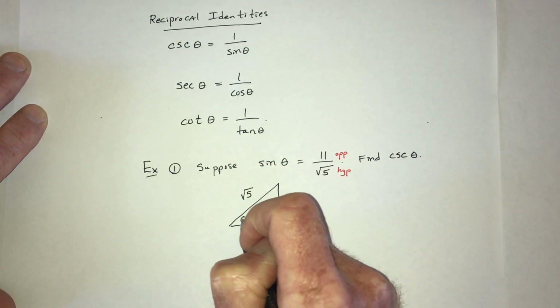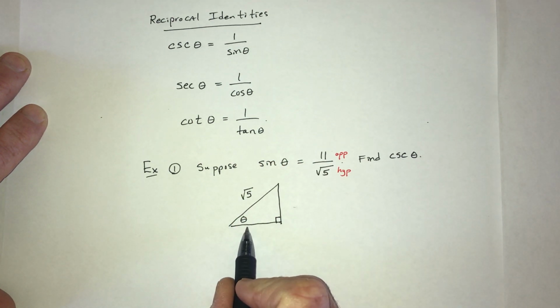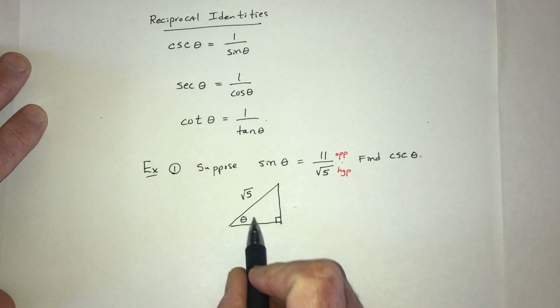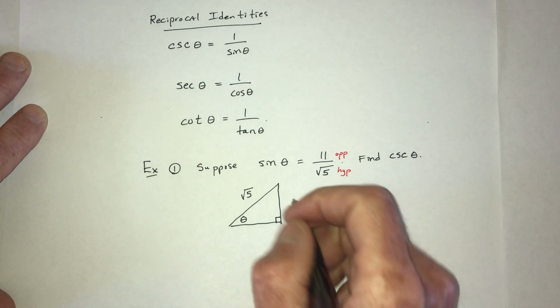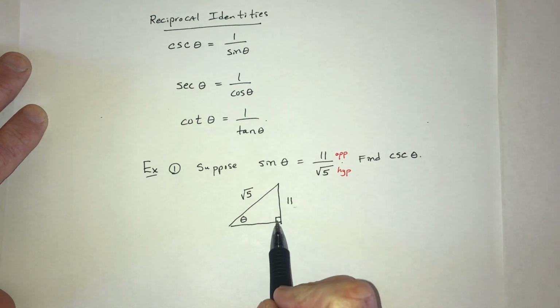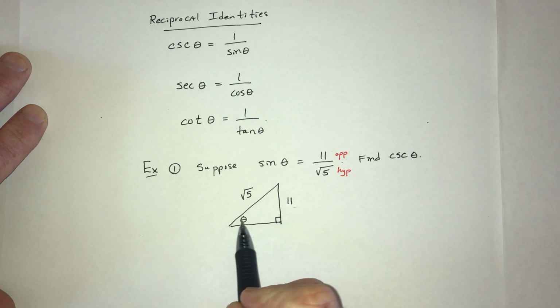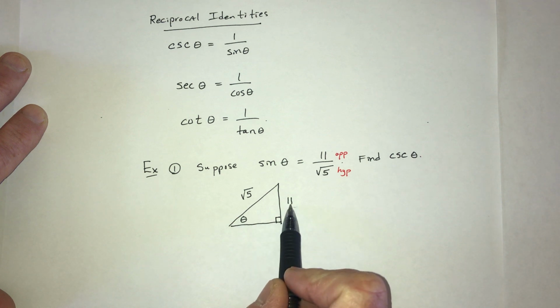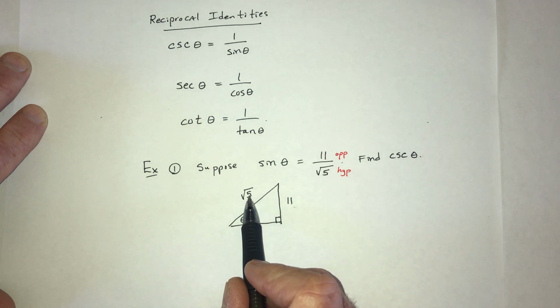I forgot to write my theta. And this right next to the theta is going to be the adjacent. Going across from it is the opposite, so this is an 11. Now why is this situation impossible? Well, this is 90 degrees, which means this has to be smaller than 90 degrees. And if this is smaller than 90 degrees, it means this is a smaller side than this.